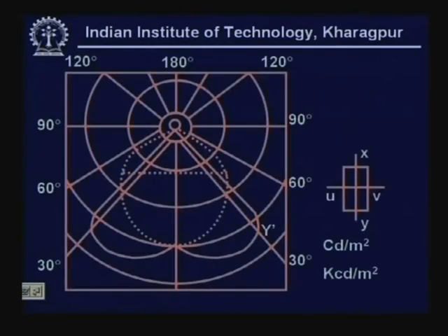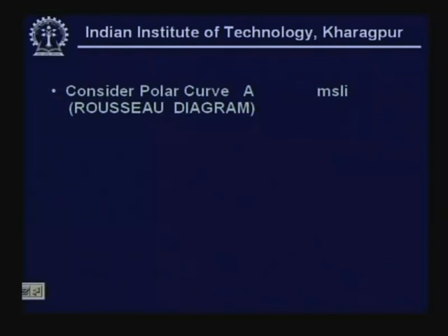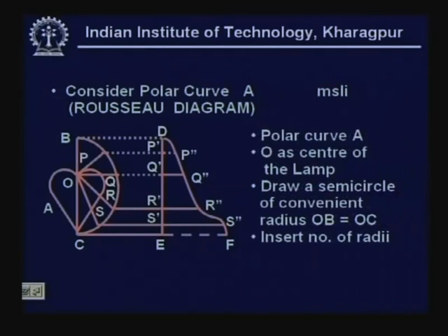For a normal naked lamp, if the ICD is located at the center, one gets I by 4 pi as the MSLI, because it is uniformly distributed in all directions. But observe, when it is given in this kind of a direction, the light intensity is not the same in all directions, and that is taken care of by considering the polar curve provided.